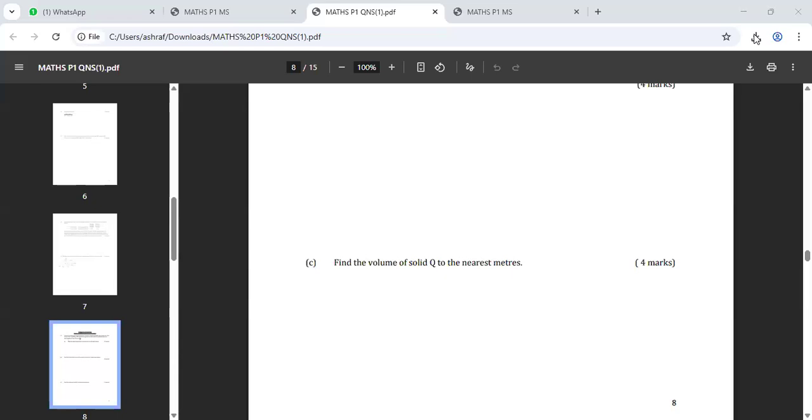So if we add the 3, what do we get? Yes, Msili. 236.544. Good. Then you are told to the nearest meter. So to the nearest whole number, which will be what? 237. Good.